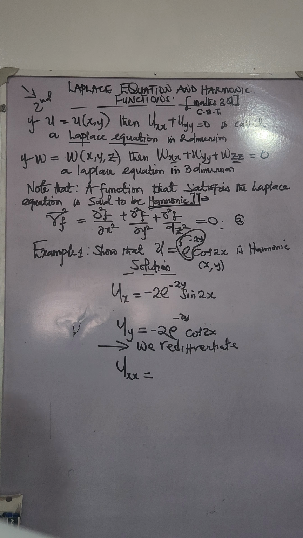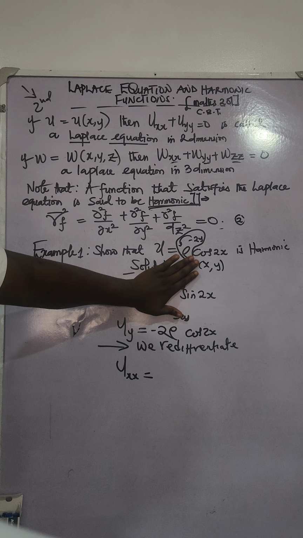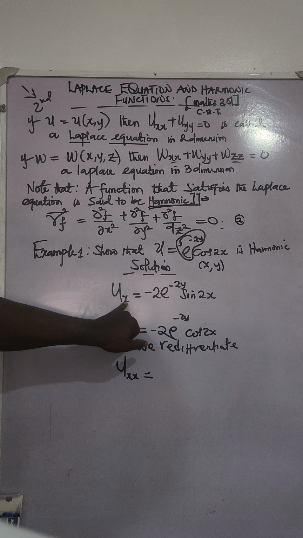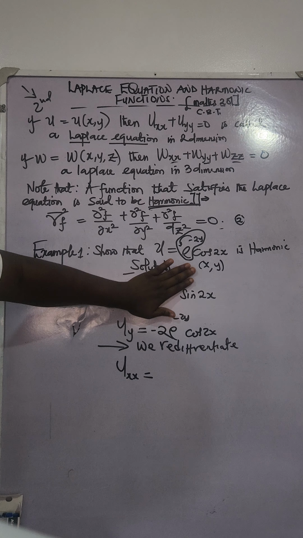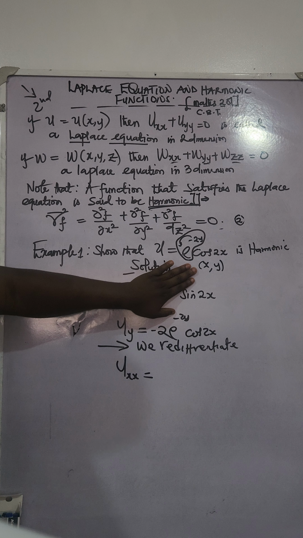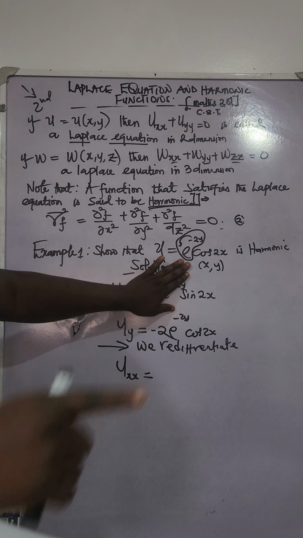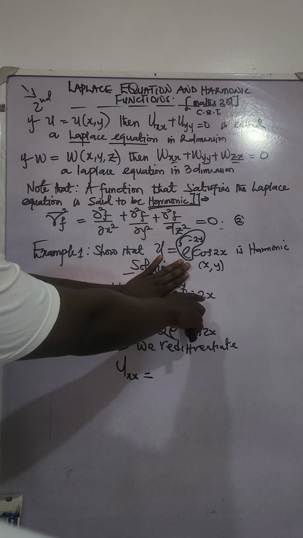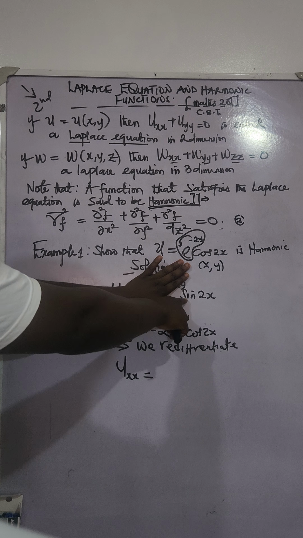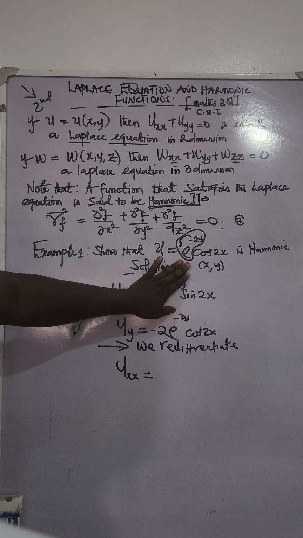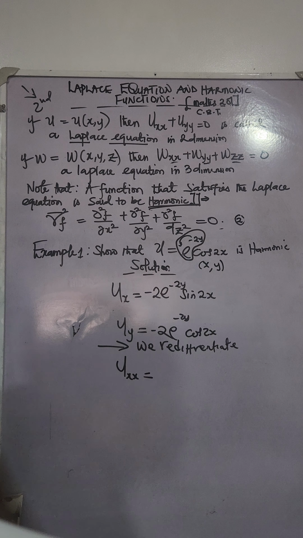Is that clear? And so when you do that, this is sine. We cover this because we are dealing with u_x, differentiating with respect to x. So we cover this, and then you have sine 2x. If you differentiate sine 2x, the 2 comes out, and differentiating the sine gives a cos, so you have 2 cos 2x.